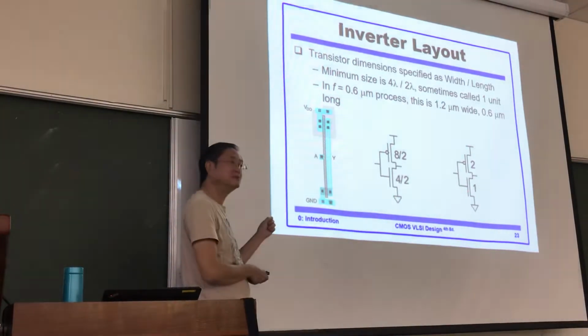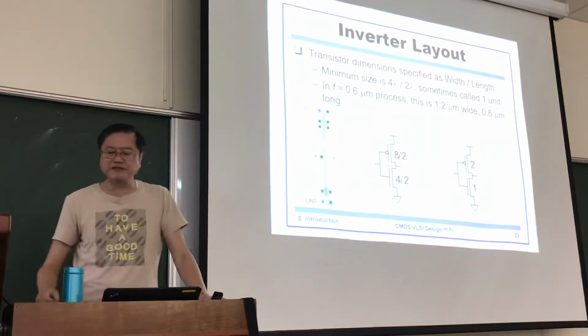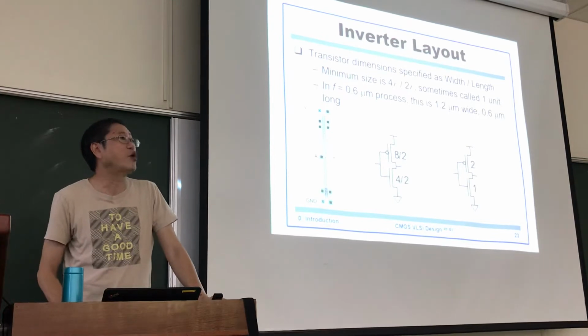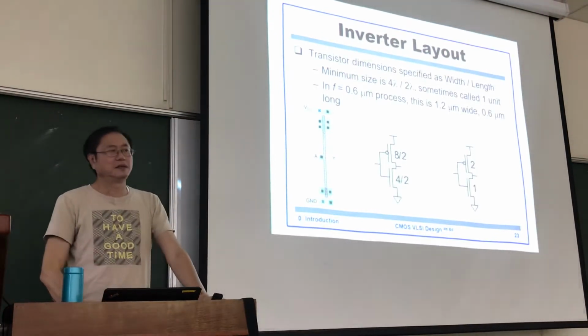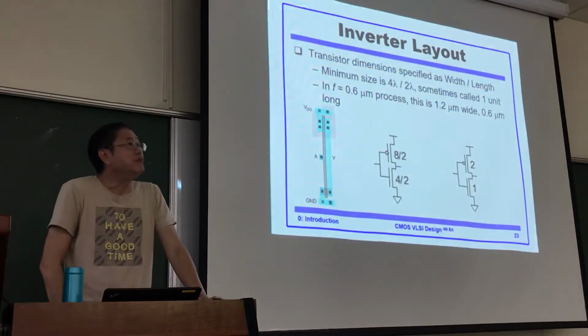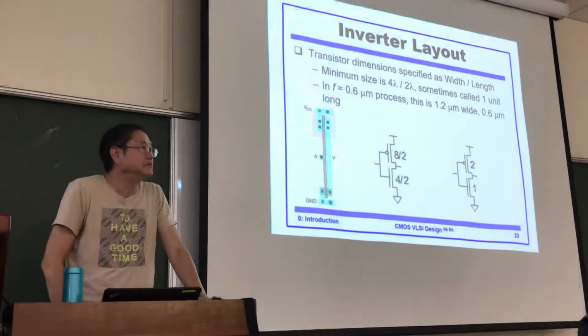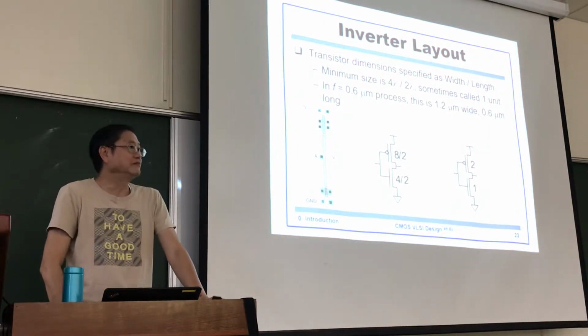When I say faster, I mean that it switches off faster than the PMOS transistor, even at the same size. Why is that? Because the mobility of the electron is different from the mobility of the hole. From physics class, we know that the mobility of the electron is higher than the mobility of the hole. Okay? It's about double the mobility compared to the hole.